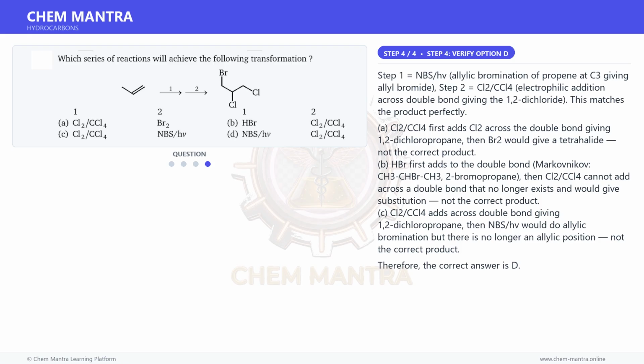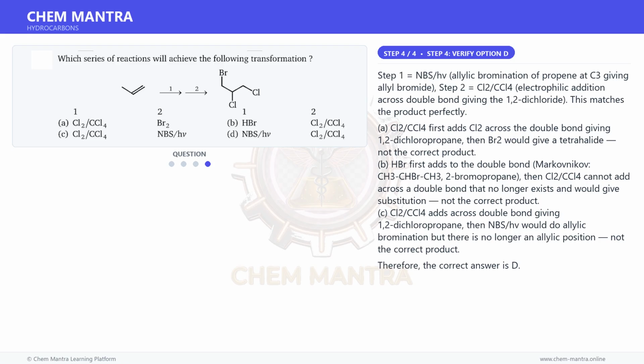A. Cl2 in CCl4 first adds Cl2 across the double bond giving 1,2-dichloropropane, then Br2 would give a tetrahalide, not the correct product. B. HBr first adds to the double bond, Markovnikov, CH3-CHBr-CH3, 2-bromopropane, then Cl2 in CCl4 cannot add across a double bond that no longer exists and would give substitution, not the correct product.